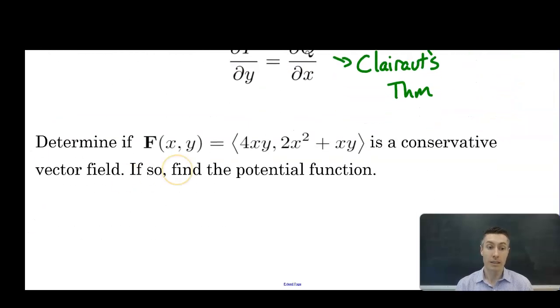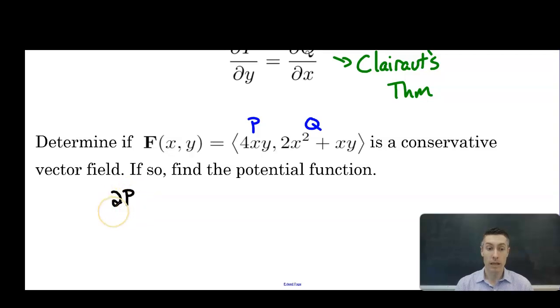So take this example, for instance. Determine if the vector field F equals ⟨4xy, 2x² + xy⟩ is a conservative vector field, and if so, find the potential function. So we already have an inclination that the vector field is not conservative, so let's show why. We have P and Q as the components of the vector field.